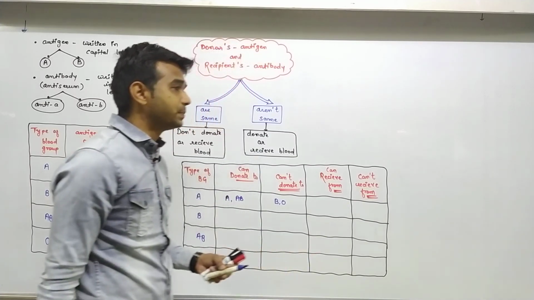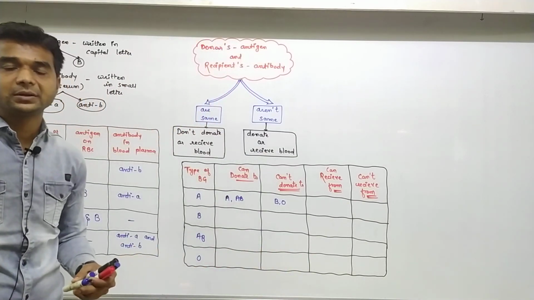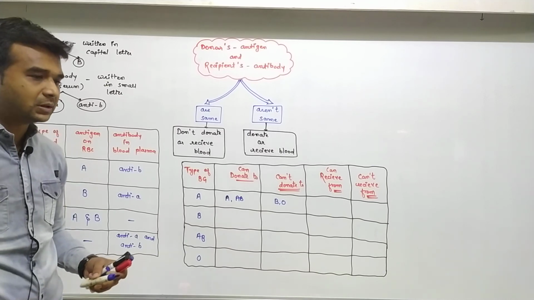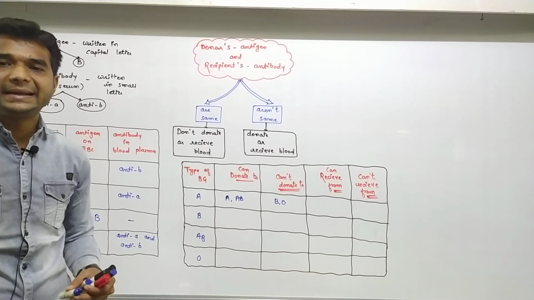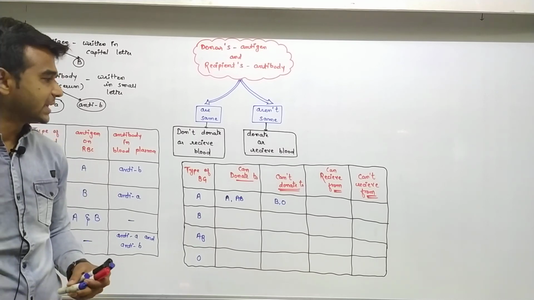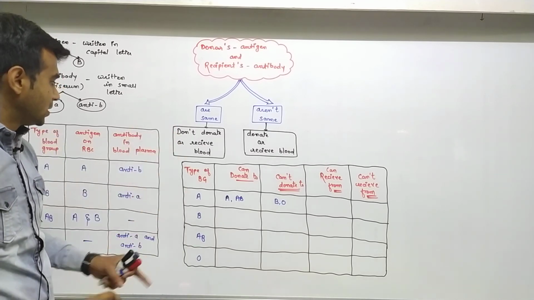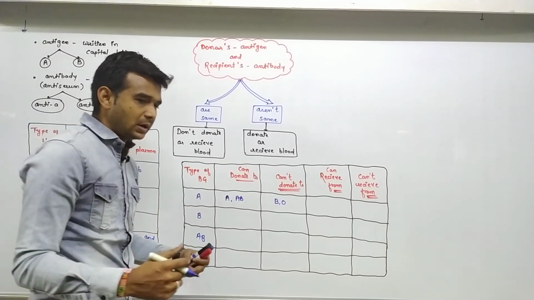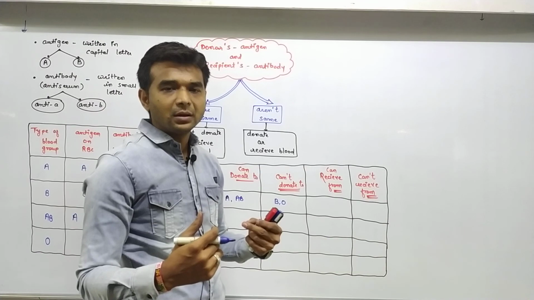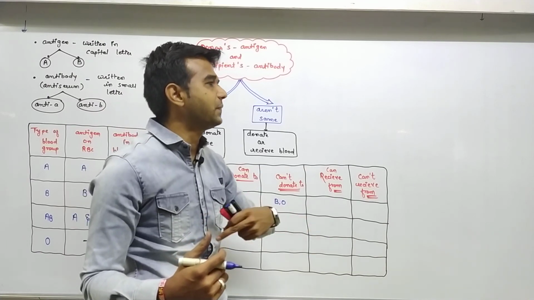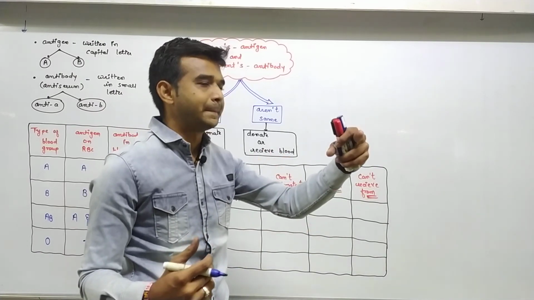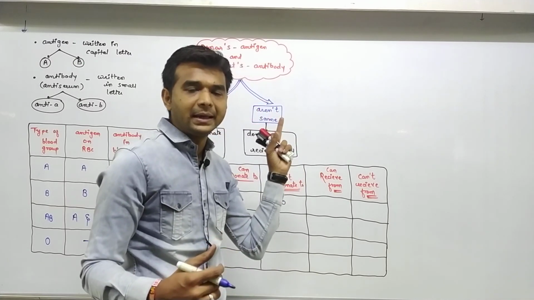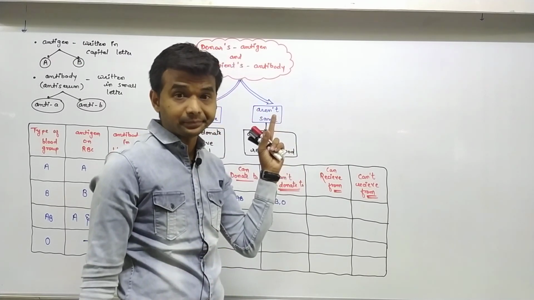Similarly, I cannot donate the blood to the O blood group person. Why? Because it consists of both the antibodies. So the same rule is applied there. Now I can receive the blood from A. In front of me, four persons are there. Previously I acted as a donor.